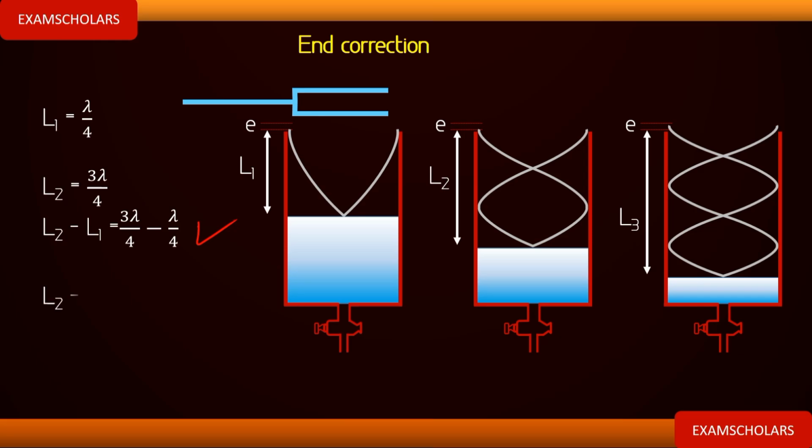So when you solve that using fractions, you are going to get lambda over 2. You are still asking me how it is lambda over 2? The LCM is 4. So you now have 3 lambda minus lambda, so you have 2 lambda over 4, and that is lambda over 2.